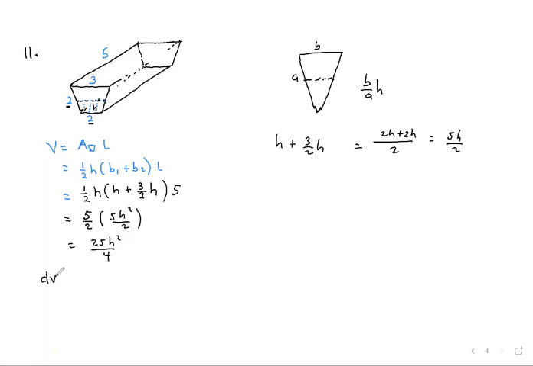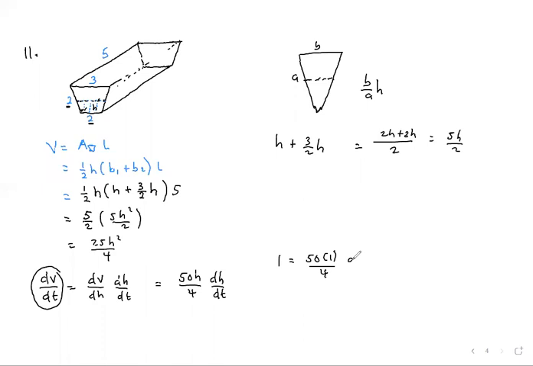Then when we differentiate volume with respect to time, it means that we differentiate volume with respect to h, and then h with respect to time. So dV/dt will be 50h over 4 times dh/dt, which we don't know. But we are given the rate at which volume is changing, that is 1 meter cubed per minute, when h is 1.